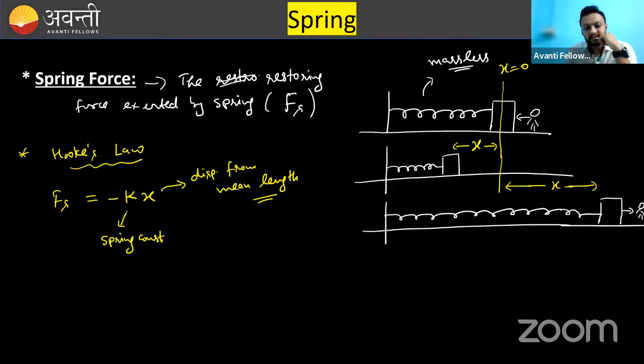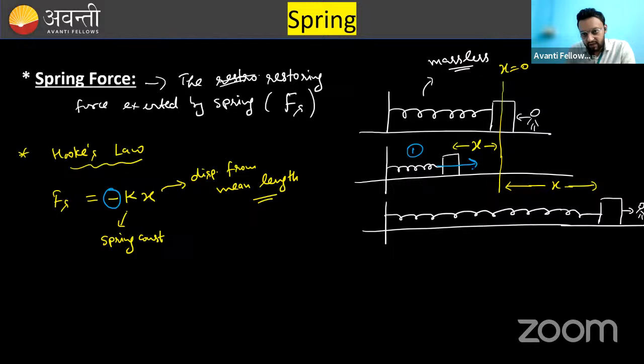So the another term that we need to discuss about is the minus sign here. Now let me clear one thing to you. If you compress the spring, it will try to remove your force. In this first situation, spring is being compressed, so spring will try to go back to its original position.